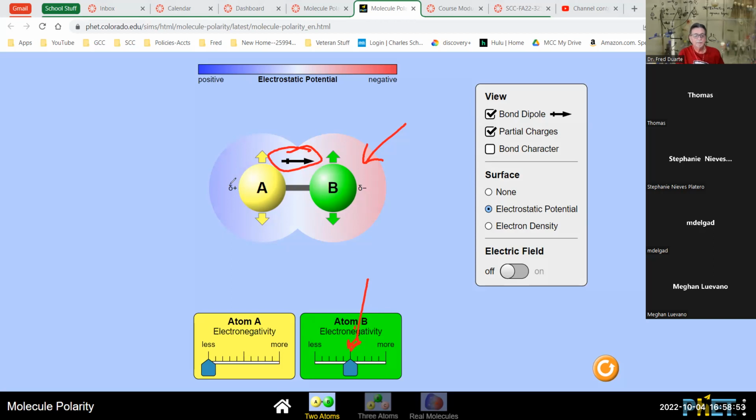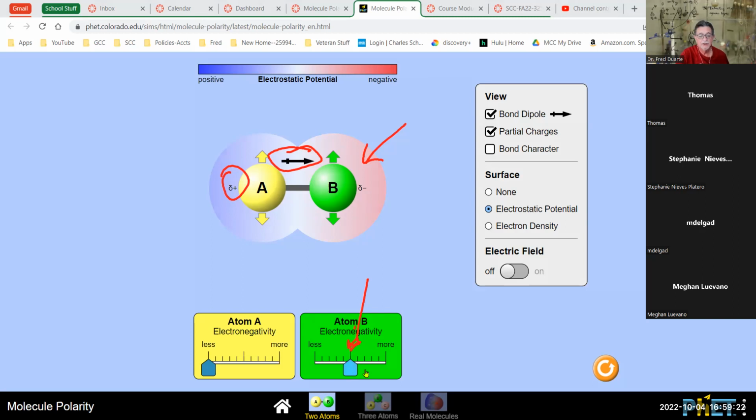And A starts to lose electron density. There's a decrease of electron density, so it's getting a net positive character. So we call that a partial positive. Okay, it doesn't mean it's not negative. There's electrons in there, but not as much as it was before when they're equally distributed. So we start creating a dipole, okay? And that's what's happening here.